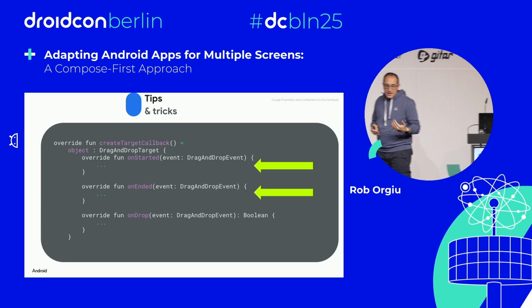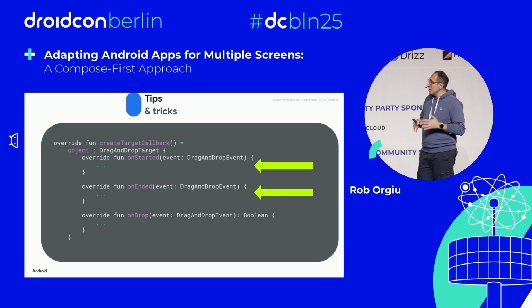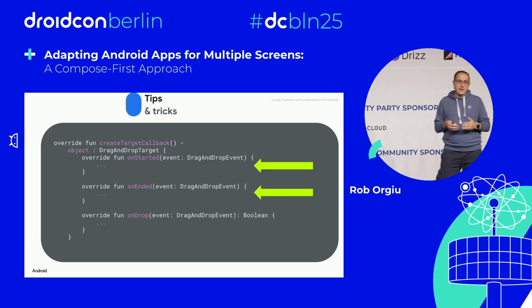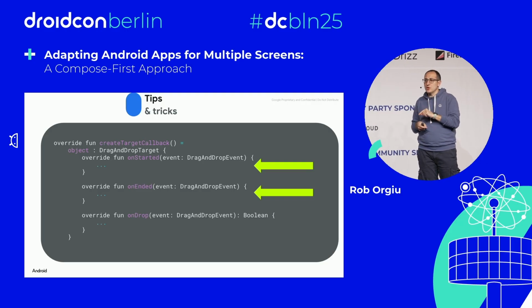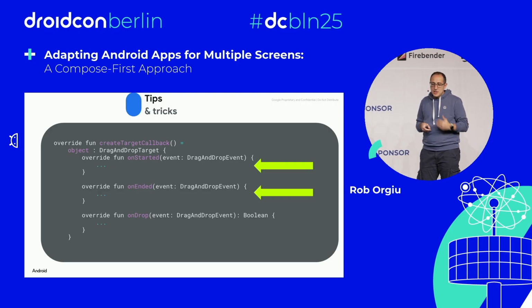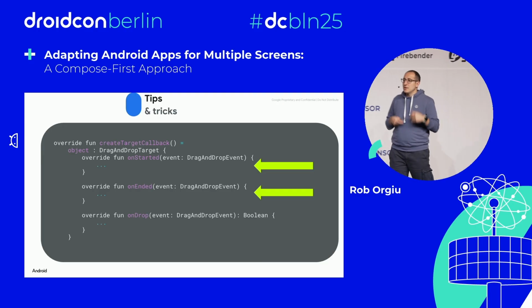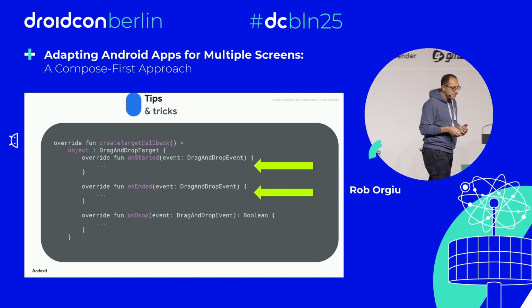So onStarted and onEnded are 2 methods that are fired whenever the user starts the dragging operation or raises the finger. This can be incredibly useful to change our UI so that we can show a message in our drop-in area or just change the background.